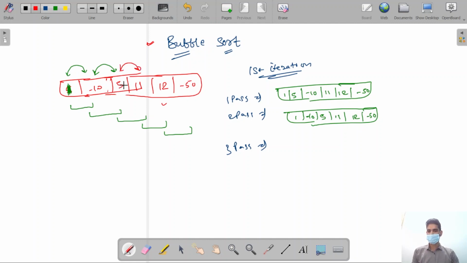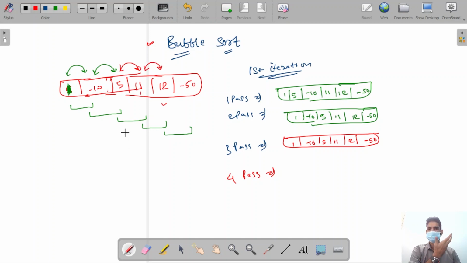We can see 5 is smaller than 11, so these two values are at the correct position, and the array is the same: 1, minus 10, 5, 11, 12, minus 50. This is the third pass. Fourth pass: 11 and 12 get compared. They are at their correct position, so again the same array.